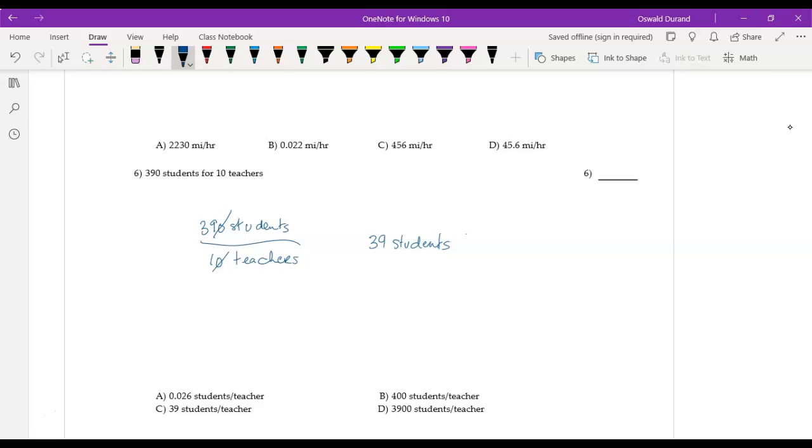You can put over or per teacher. So in that school of 390 students with 10 teachers, the average for each teacher is to have 39 students in their class. That's what's happening. All right, moving on.